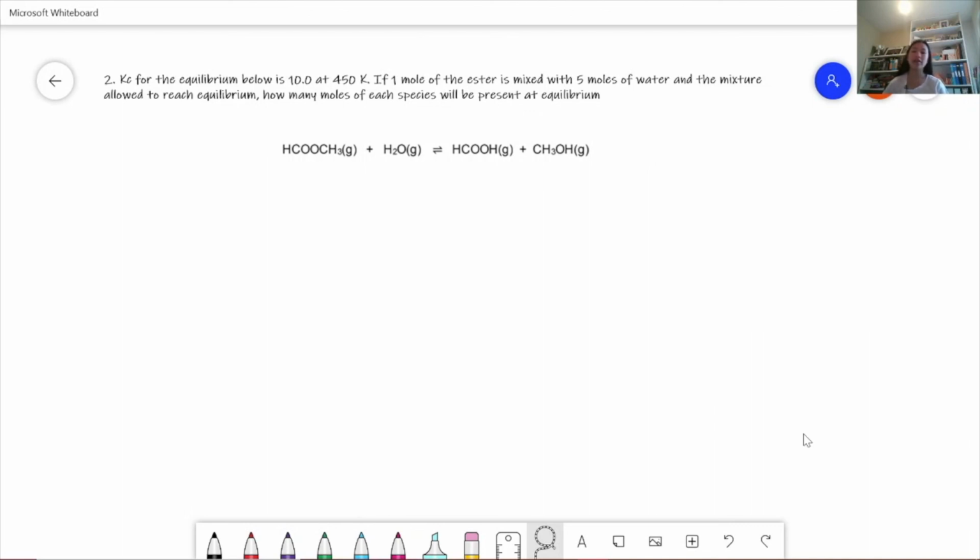So Kc for the equilibrium below is 10 at 450 Kelvin. If 1 mole of the ester is mixed with 5 moles of water and the mixture allowed to reach equilibrium, how many moles of each species will be present at equilibrium? So the first thing I do again is to write out the equation.